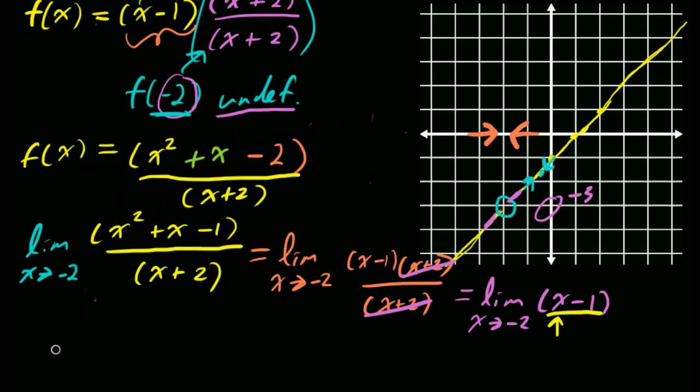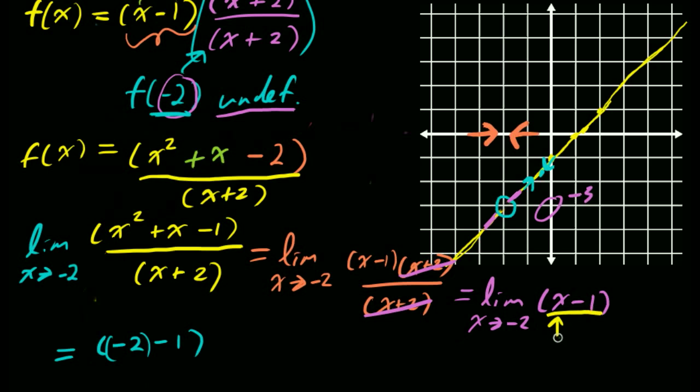So let's just go ahead and say that I'm going to drop the limit here. So this is going to be equal to the function if we just plug in negative 2 minus 1. This negative 2 was our x term up here. We've just plugged in negative 2 into that term because we've said it's a continuous function.